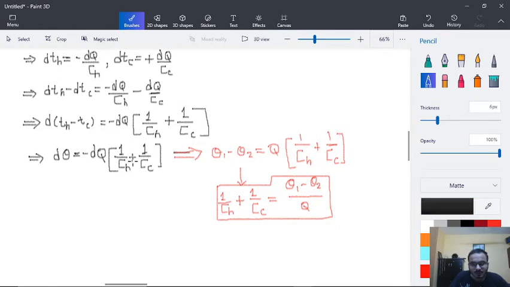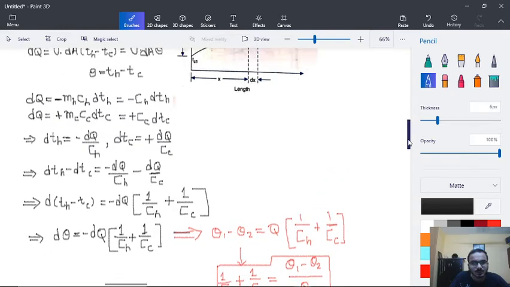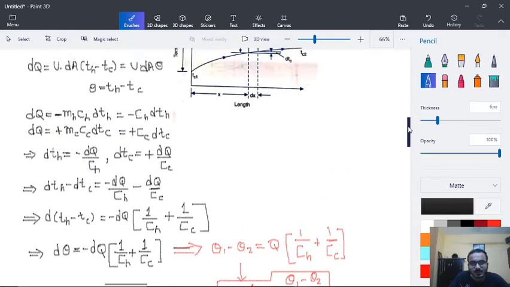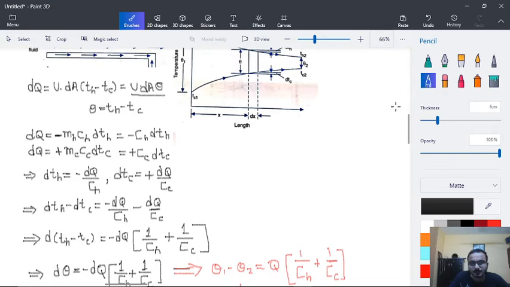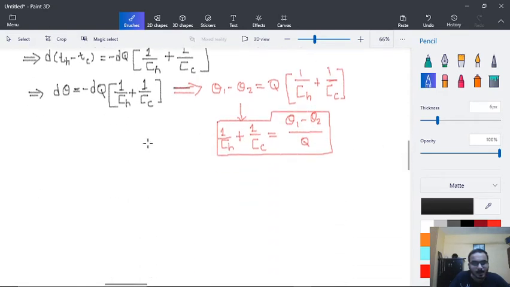Now dq is available in this equation, so instead of dq we will be utilizing this formula U dA theta. So now d theta is equal to minus U dA theta into 1 over Ch plus 1 over Cc.